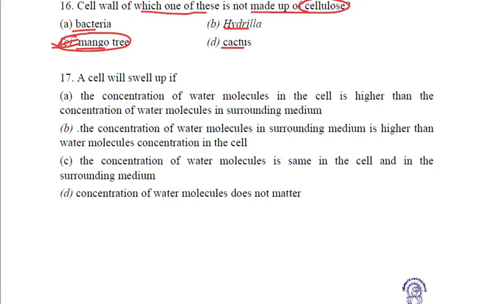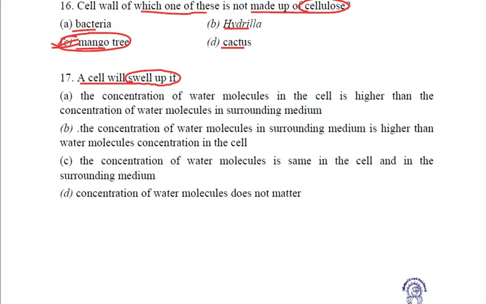17th question is, a cell will swell up if. Now we know that the cell is going to swell up if it is kept in a hypotonic solution. Hypotonic solution means the cell is kept in a dilute medium. Now let us see which exactly is the option that tells us the correct statement.